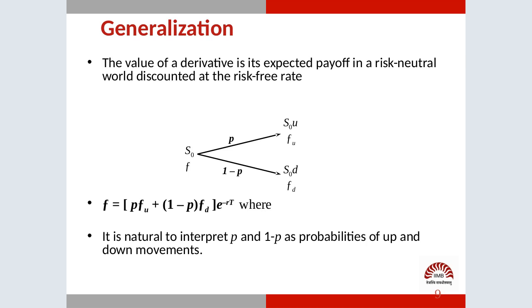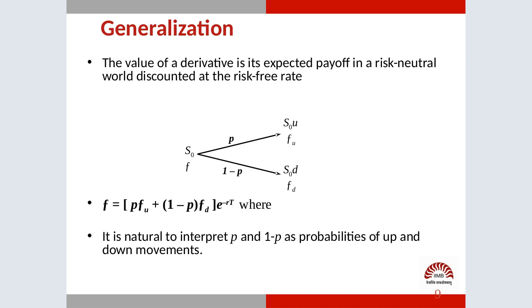So it can move up with the probability P, and it can move down with the probability of 1 minus P. P and 1 minus P are the probabilities of up and down movement.